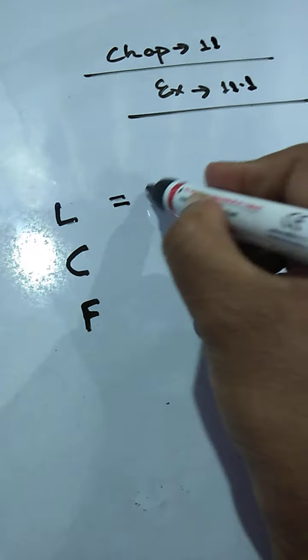Now you have to see which figures in question number 1 follow the rule of L. If you solve this, V is using 2n.